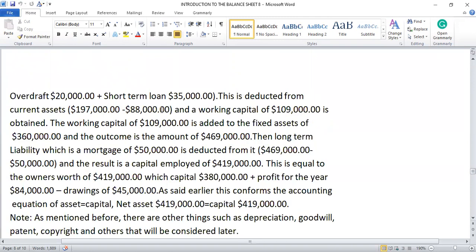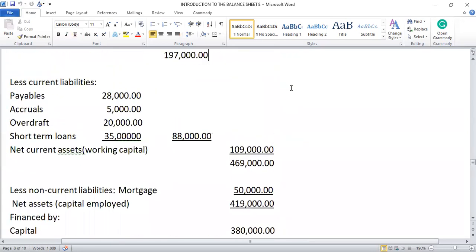So when we deduct the $88,000, which is the current liabilities, from the total current assets, we will obtain our working capital, and the working capital of $109,000 is what is obtained. That's it. So this is what I'm talking about.